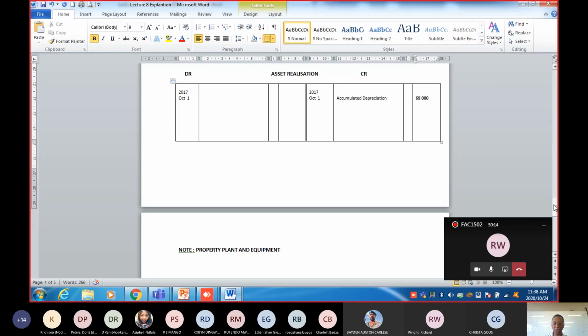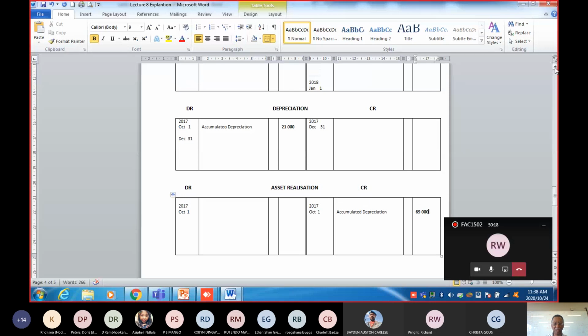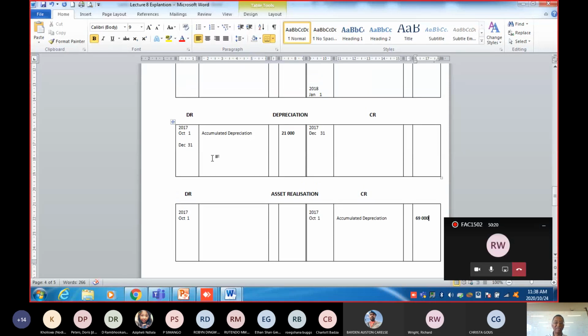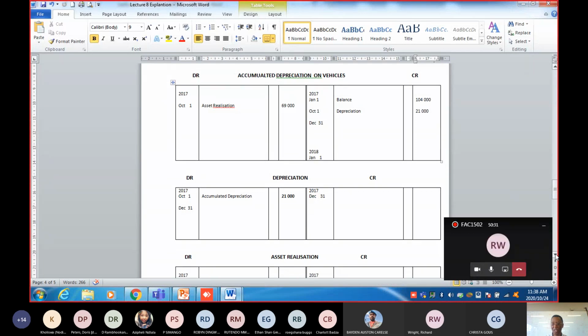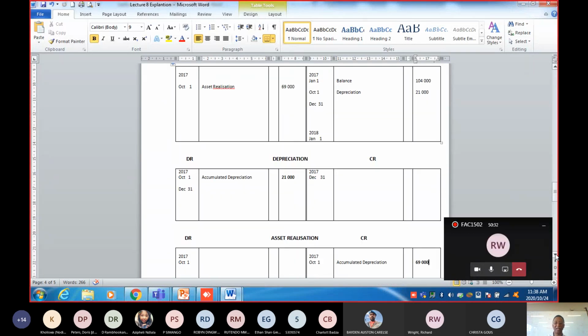That records step number 2. We transfer the accumulated depreciation from the accumulated depreciation account to the asset realization account. Debit accumulated depreciation, credit your asset realization account.